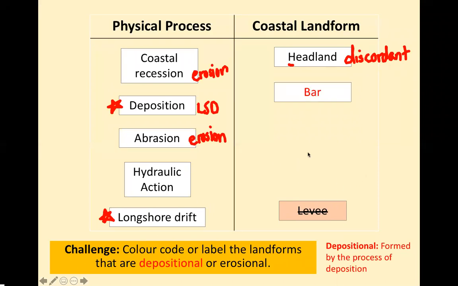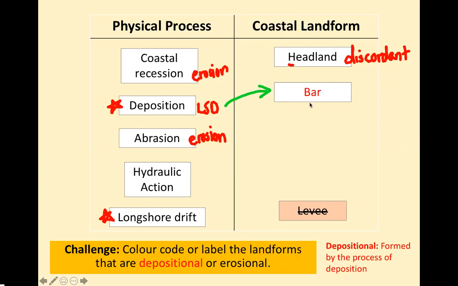Okay, next one. The bar. Again, we're going to link this to our physical processes. A bar is formed by longshore drift, and is essentially a long stretch of sandy beach that looks different in different places, but often looks like a nice long stretch of sandy beach between two headlands.